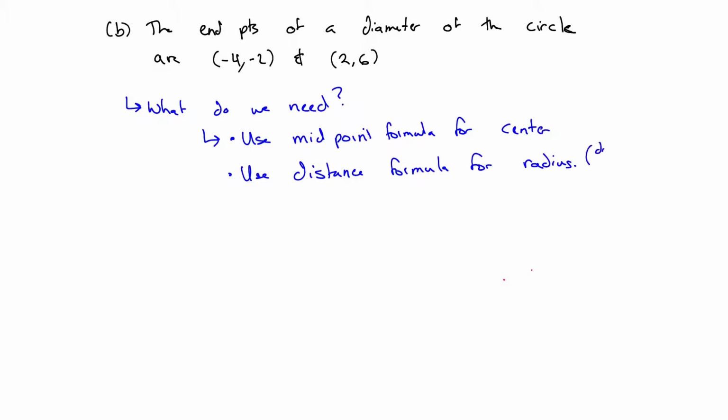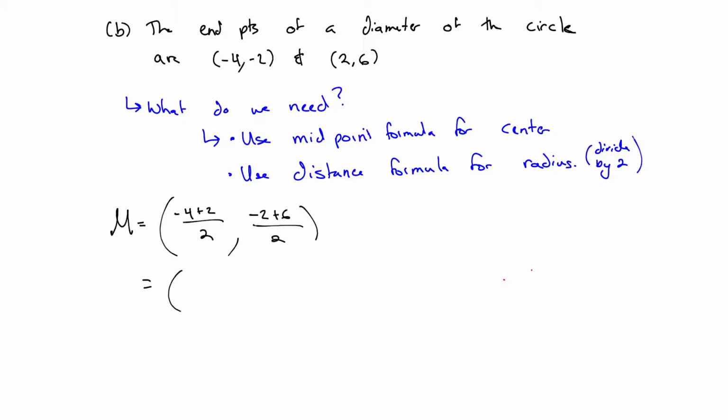And you're going to need to divide by 2. You'll see what I mean with this one in a second. So the center for the midpoint, that's going to be x1 plus x2, so -4 plus 2 divided by 2. And then the y components, so -2 plus 6 over 2, which gives us -1, 2.